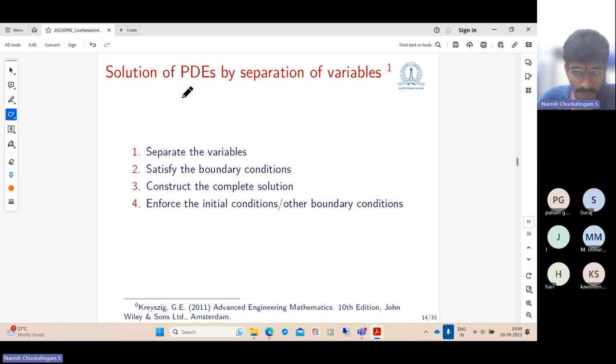So suppose you have some partial differential equation, say second order.